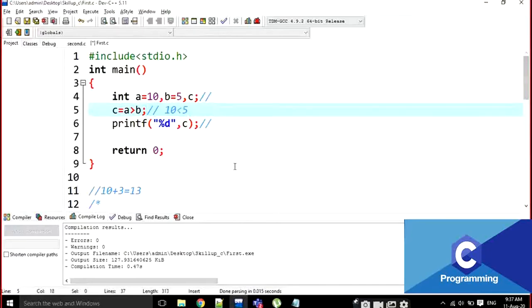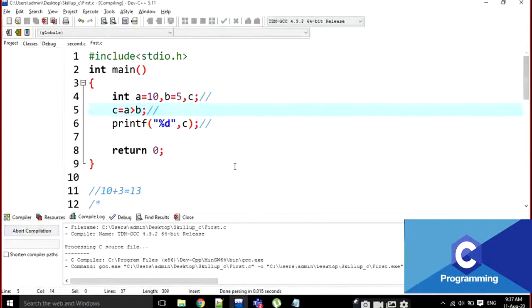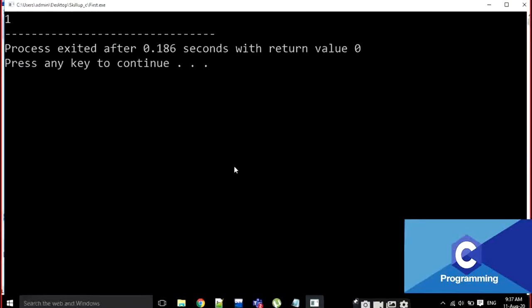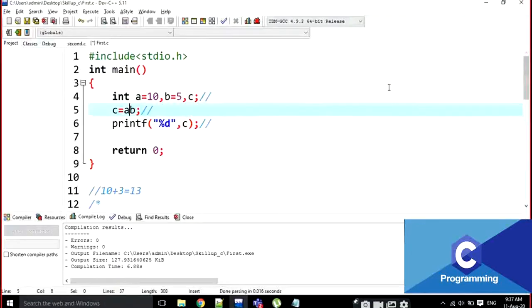Is 10 less than 5? No, it is false. That's why it is written 0 here. That means what is the output now? The output is 1 here. Come on. Yes, the output is 1. For example, I am going to change here.